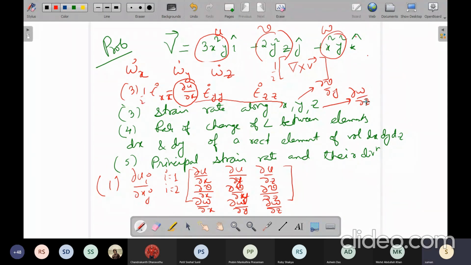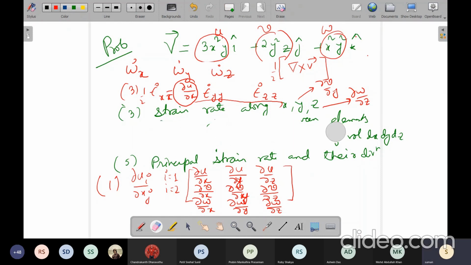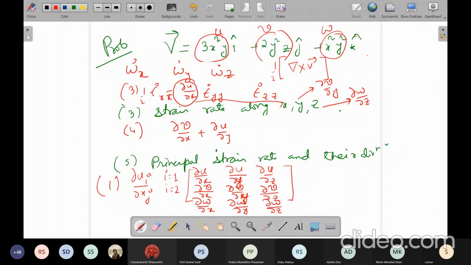Then the fourth question, the rate of change of angle between two elements dx and dy is your alpha dot plus beta dot. So the question number 4 will be this one.